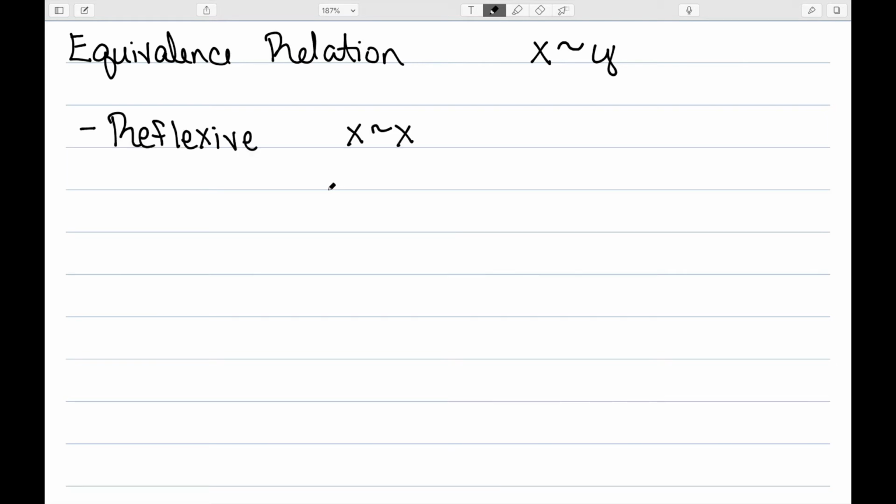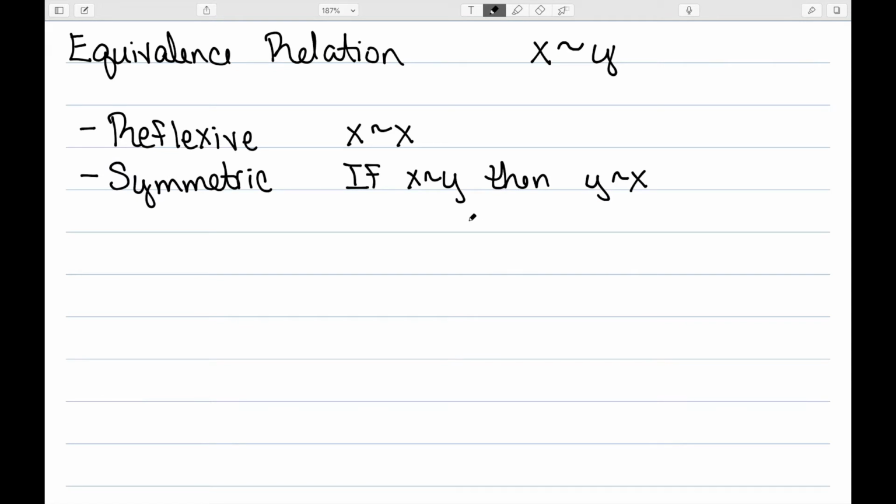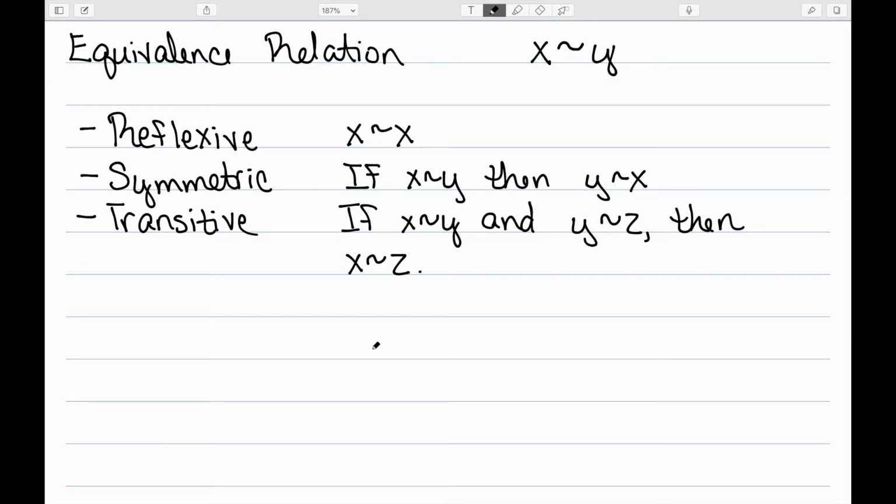The first property is reflexive. For every element x in our set A, we need x to be equivalent to x. The second is symmetric. If x is equivalent to y, then y must be equivalent to x. We need to be able to change order. And then finally, transitive. If x is equivalent to y and y is equivalent to z, then x is equivalent to z.